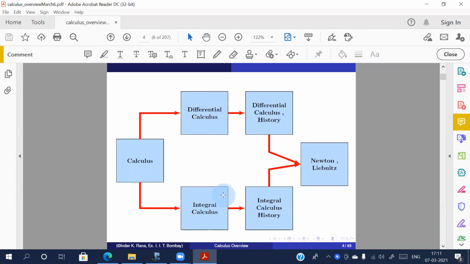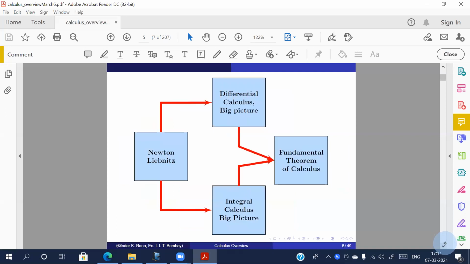We'll be looking at a bit of history of differential calculus, and also a bit of history of integral calculus, and then see how this led to the work of Sir Isaac Newton and Gottfried Leibniz.